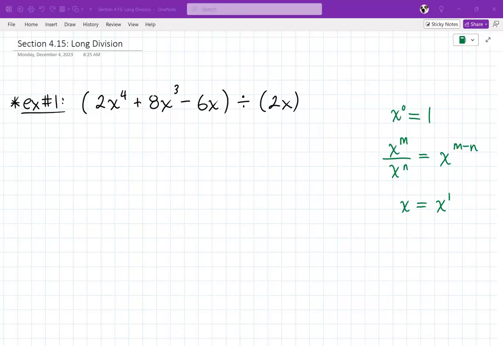So you keep the same base, but subtract the powers. And then the other thing I mentioned is that x is the same as writing x to the 1st. So a power of 1, you don't always see it, so sometimes they just write it as x.